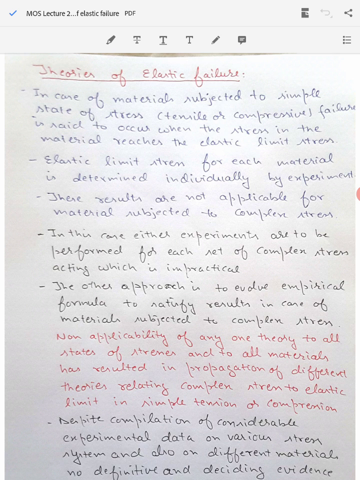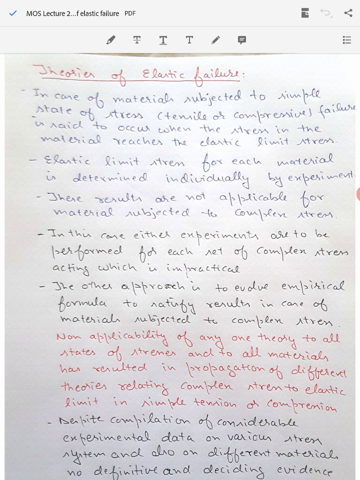Now what happens is that in actual real-life conditions of engineering components, we often get conditions which are not so simple as the simple tensile test. The component may be subjected to stresses in two directions, of the same nature or of differing nature, and it may also be subjected to shear stresses along with tensile or compressive stresses, which we saw when we were drawing the relations for principal stress and principal strain.